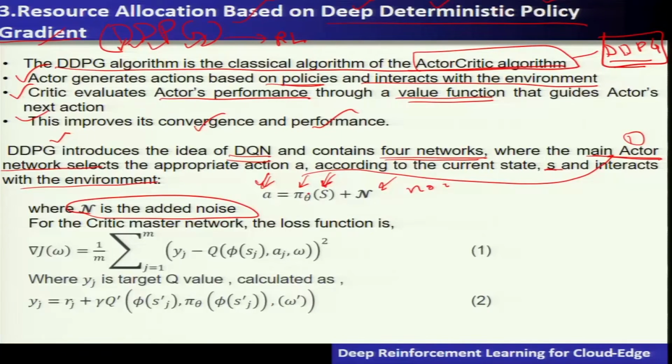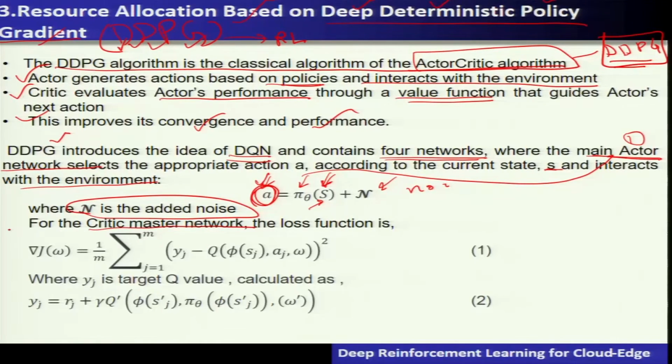It requires the state as the input, and then it will select a particular action A. So given a state, it will select an action, and then the critic master network will evaluate it.